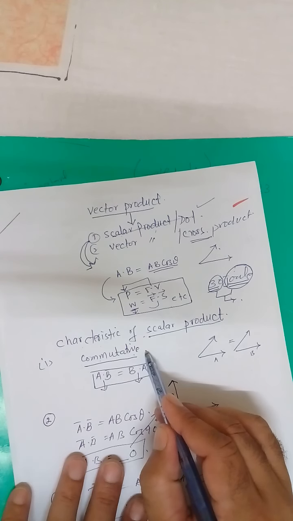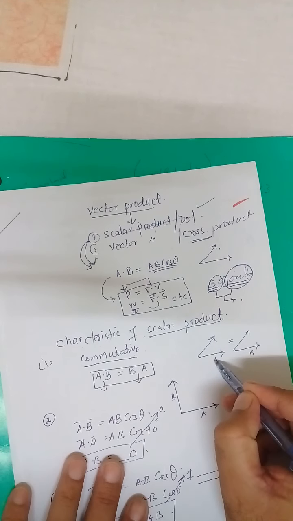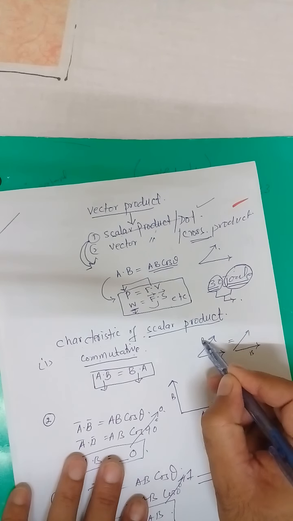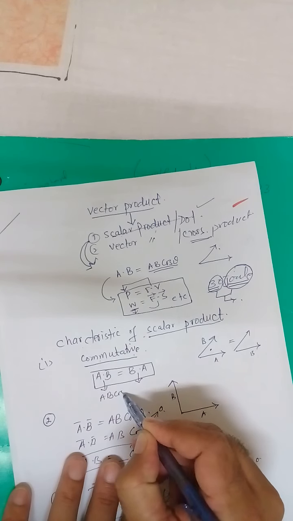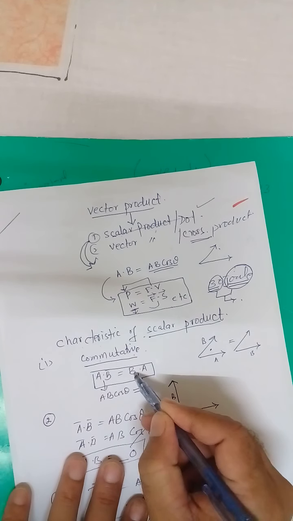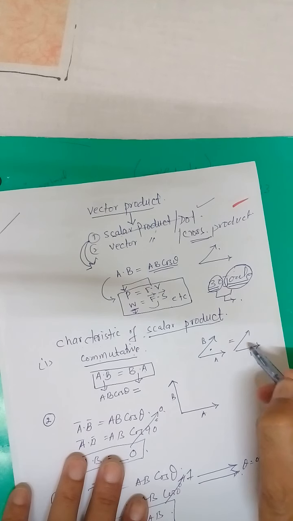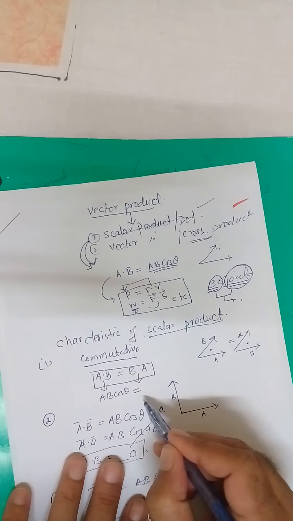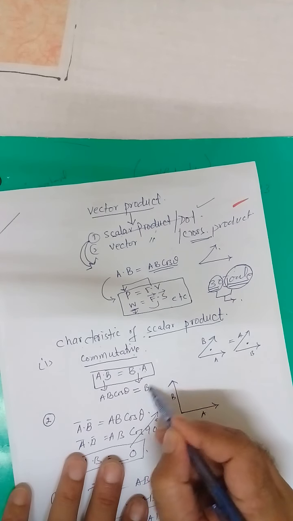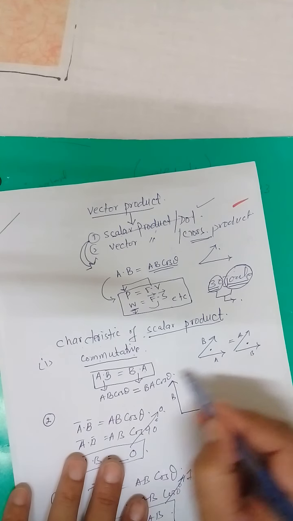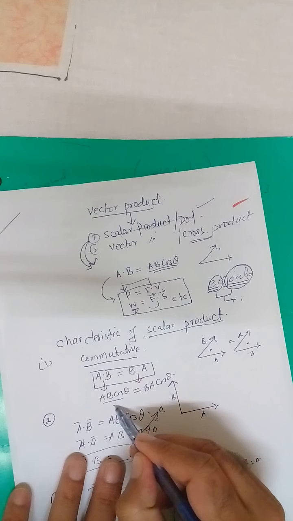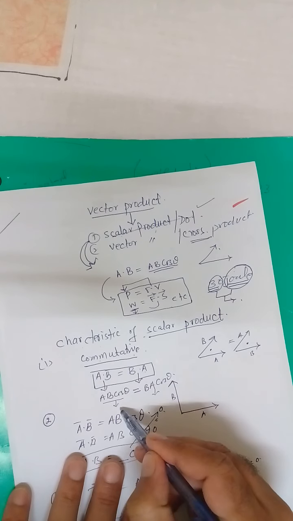Commutative property means if we multiply A dot B, it is equal to AB cos theta, and if we multiply B dot A, this is equal to BA cos theta. Now when you put in the values, it will give the same value.